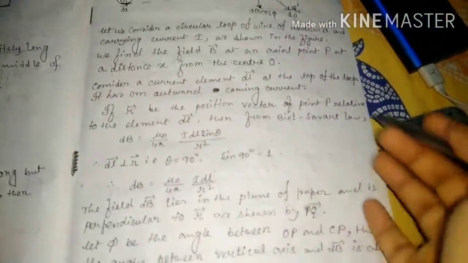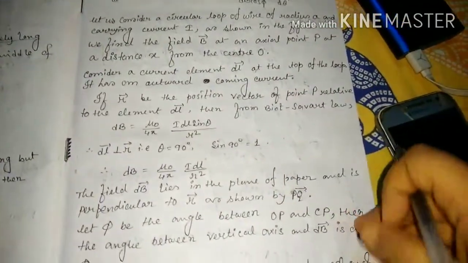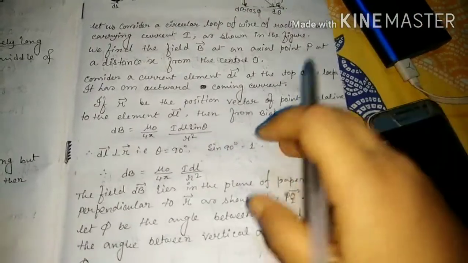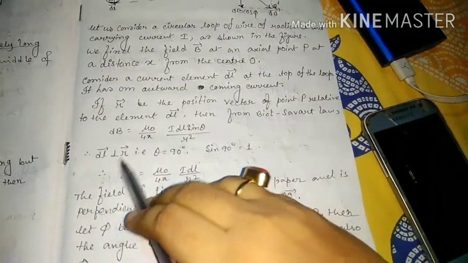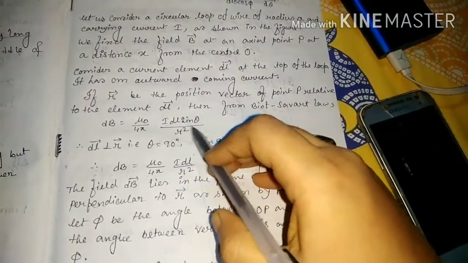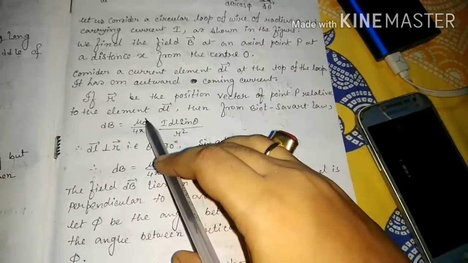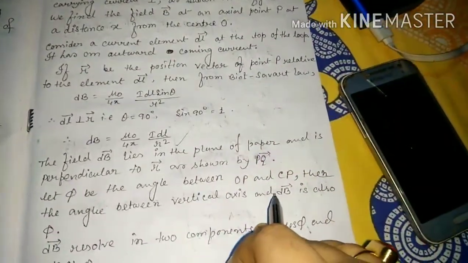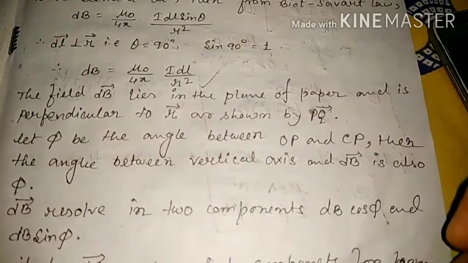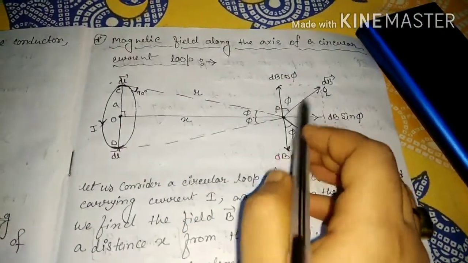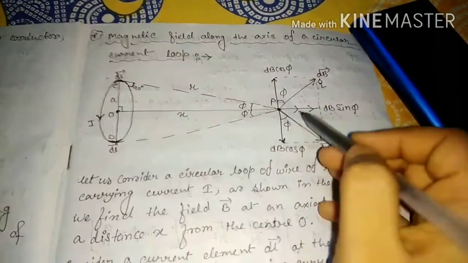Everything is written over there; this language you can use for examination purposes, very small and a very important statement. So dl is perpendicular to r, theta equals 90 degrees, sin 90 is 1. If we put it over there, we get dB equals mu 0 by 4 pi, I dl by r square. Now this dB lies in the plane of the paper, perpendicular to r, for both directions.